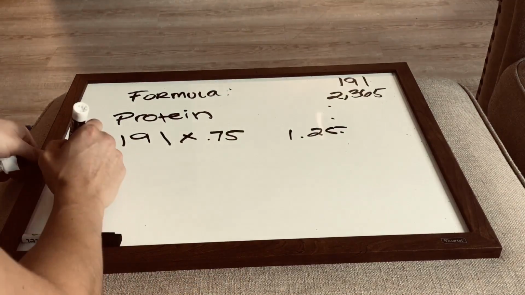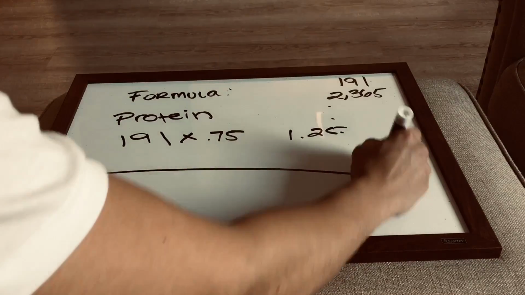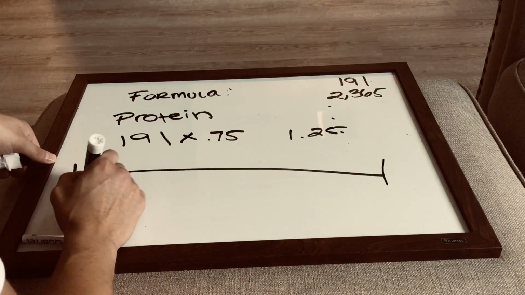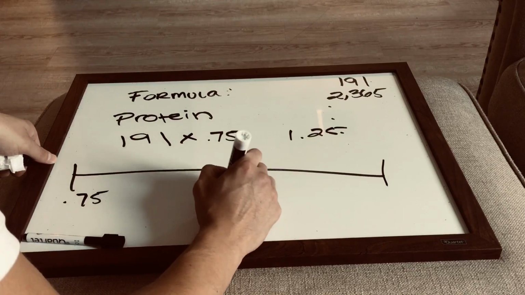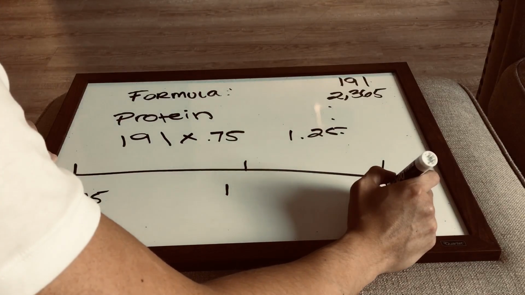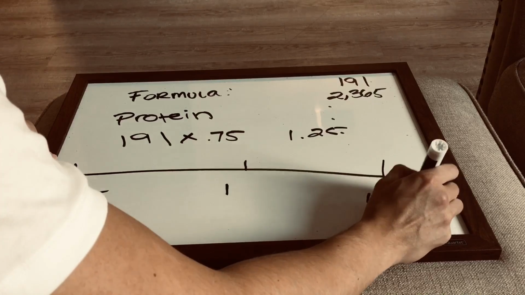Now this is a scale that you're going to want to take into account. So 0.75, and then you've got somewhere down the middle, which is 1 gram, and you've also got the 1.25.